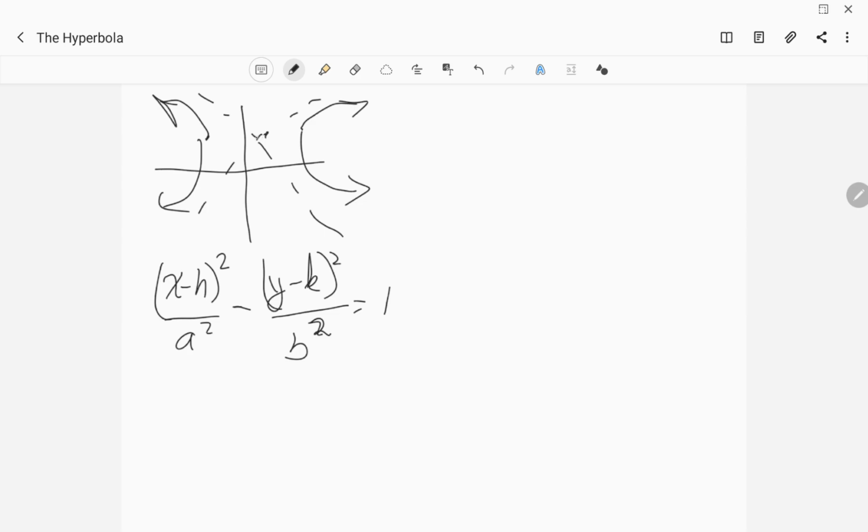Notice that my transverse axis, my distance from my center to one vertex, is going across. That is my A. So the x-axis goes across, the A is going across, so they are one on top of the other.